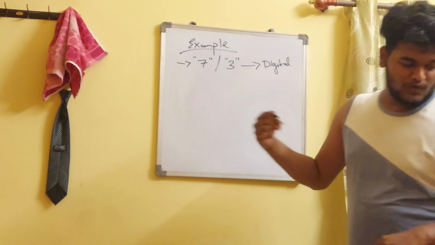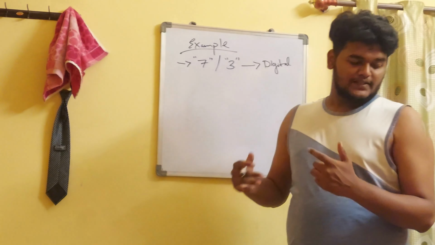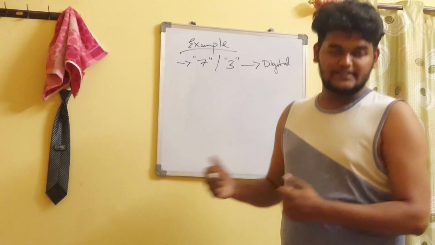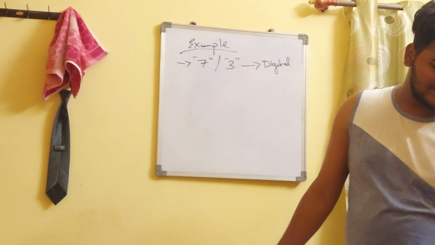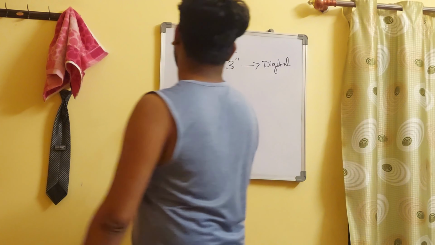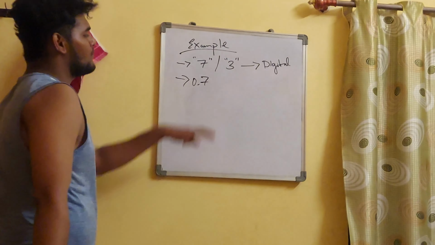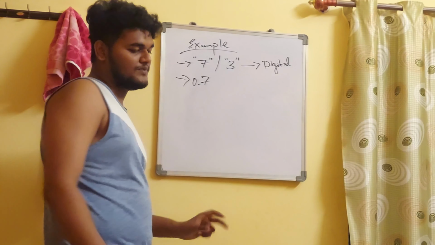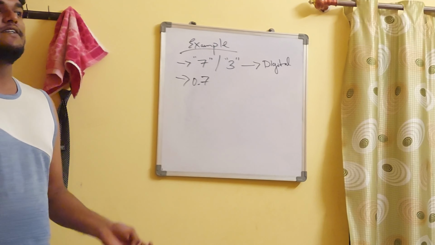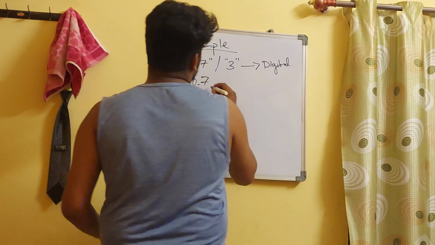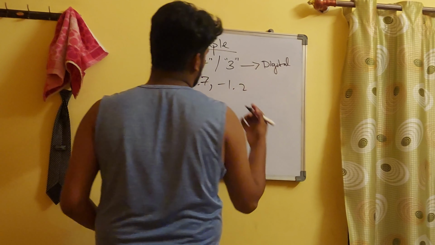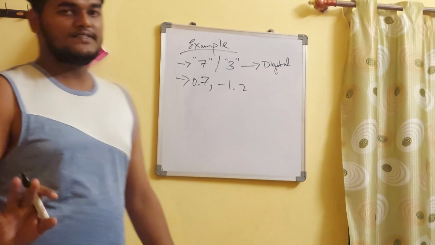Then we try to create something that looks like the handwritten digital image. So we take a random noise on the scale, say 0.7. This is just a random number. It does not specify or hold anything. Then we take minus 1.2. Again, random numbers, there is nothing in that.